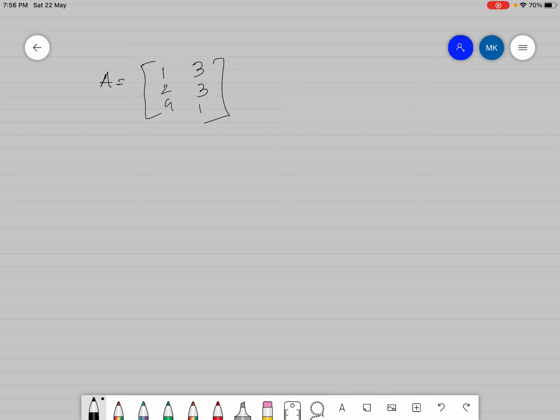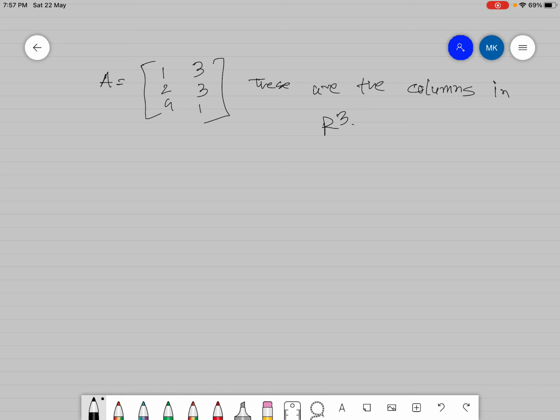So these are the columns with dimension 3, these are columns in R3.